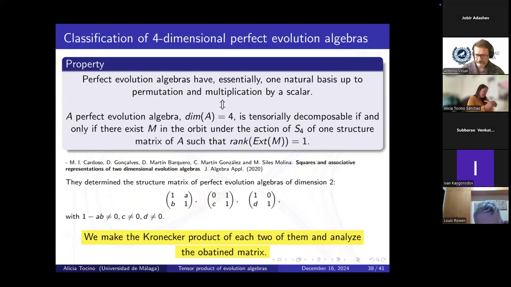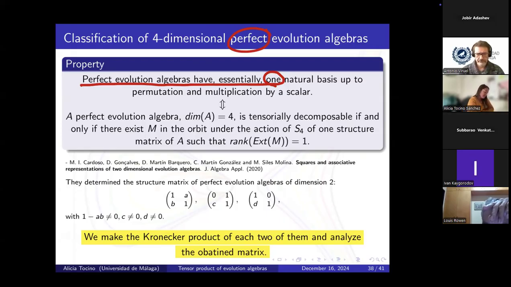So for the classification of four-dimensional perfect evolution algebras, we need the important fact that perfect evolution algebras have essentially one natural basis up to permutation and multiplication by a scalar.